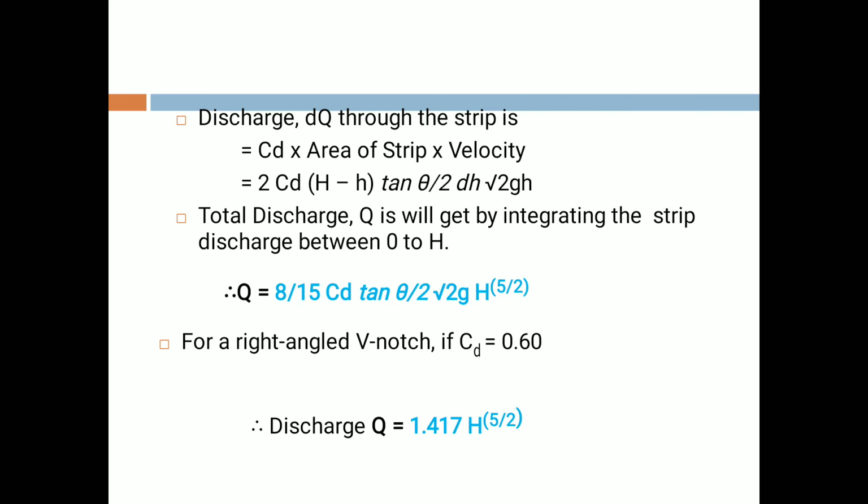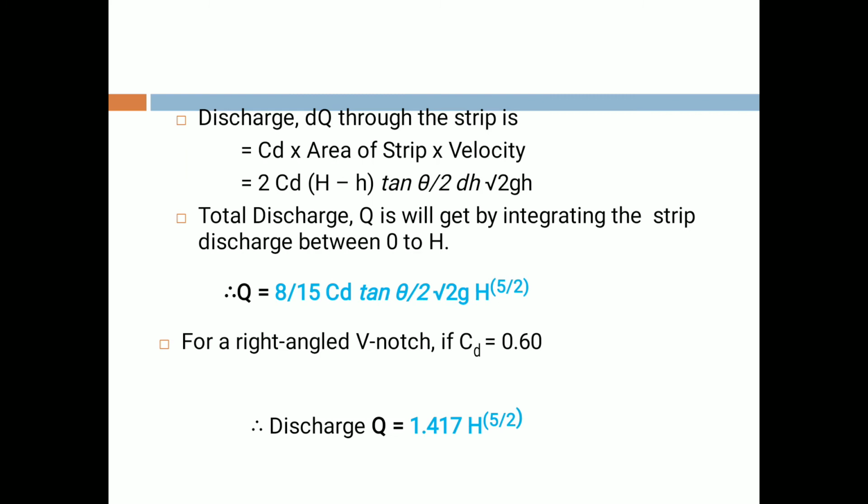Then total discharge Q we get by integrating this strip discharge with limits 0 to H. After simplification of the above equation, we get the final equation: Q is equal to 8/15 multiplied by Cd tan theta/2 into under root 2g multiplied by H to the power 5/2.